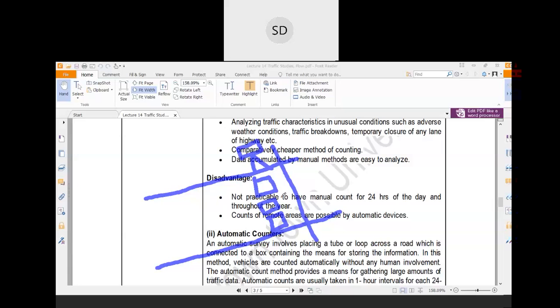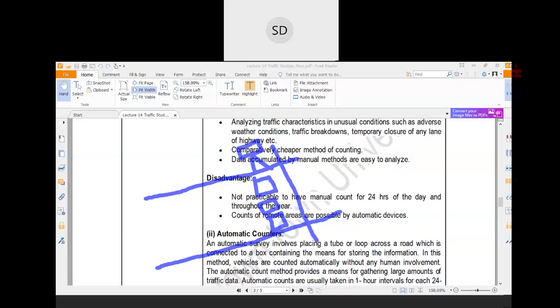After collecting the video, you can extract the data at your home, where you can simply pause and play the video and easily get the correct number of vehicles which are crossing a particular direction or a particular section.